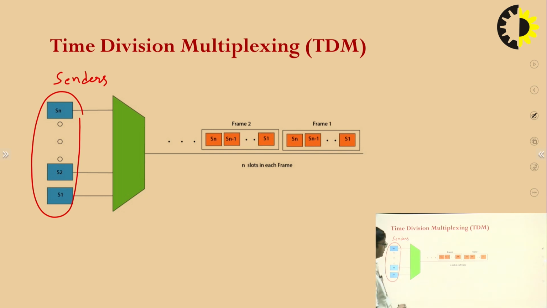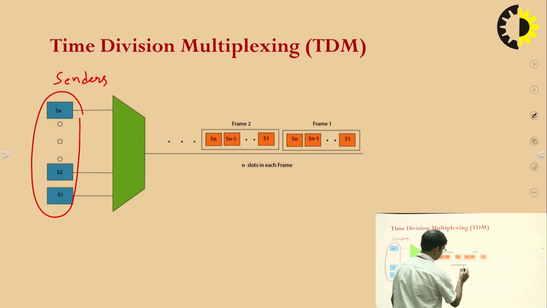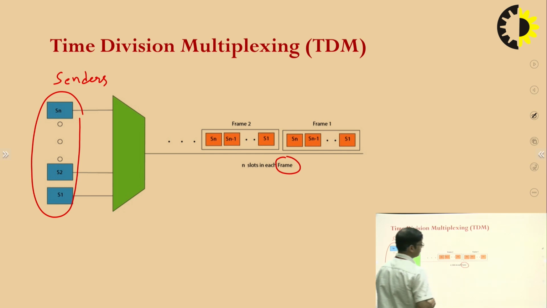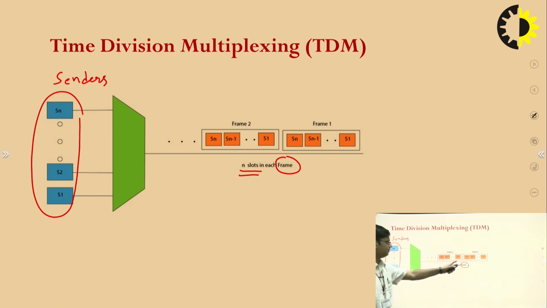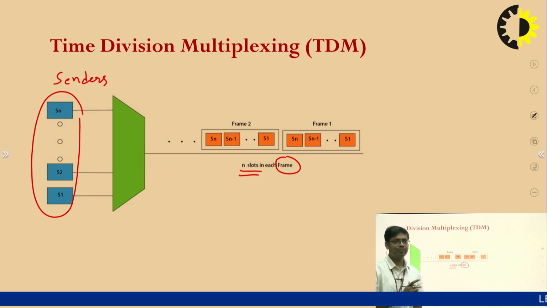We have divided our frame into n slots corresponding to n users, n senders, so that in every frame each sender can send its data.